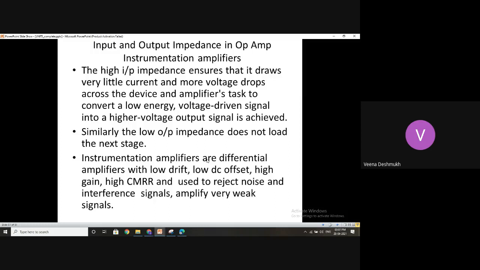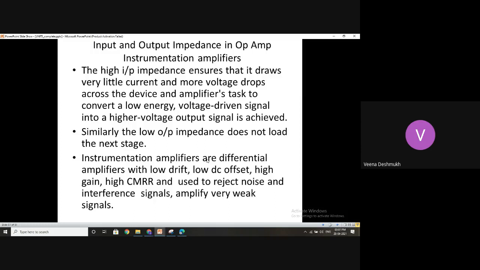Basically for all the amplifiers, we always say that the basic characteristic of these op-amps is they should have high input impedance and low output impedance. Now why is this requirement there? What happens if these parameters are reversed? What happens if these two are not met? What is the impact of these parameters on the next stages?